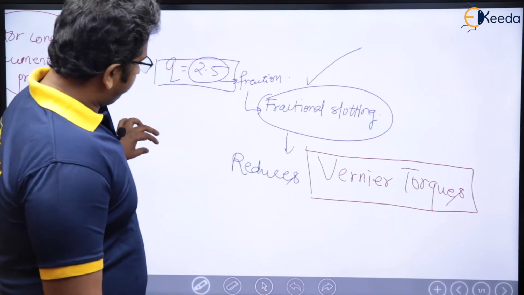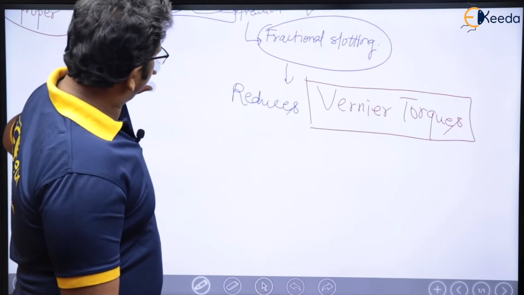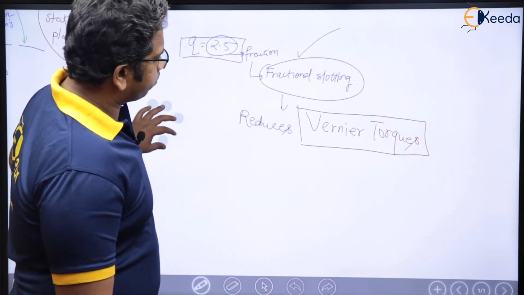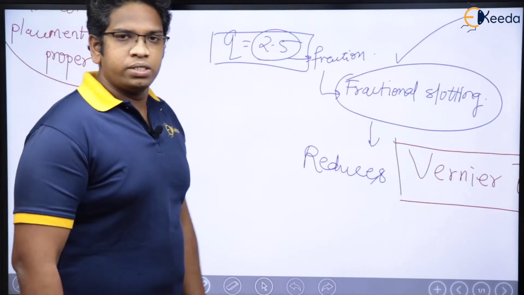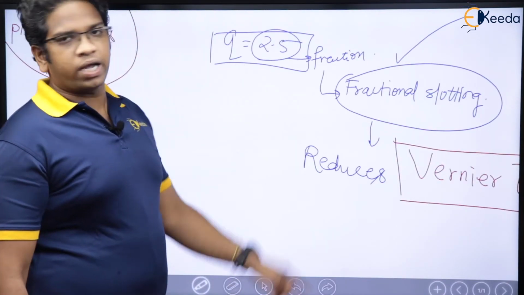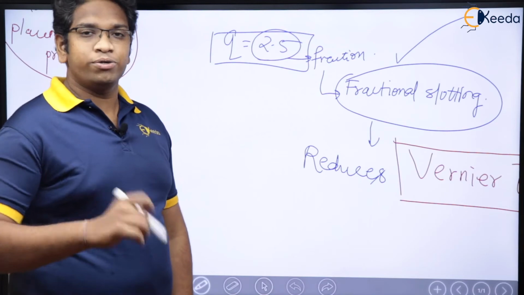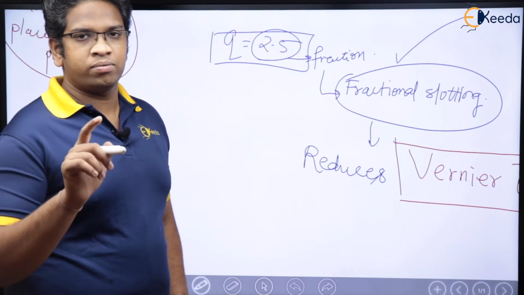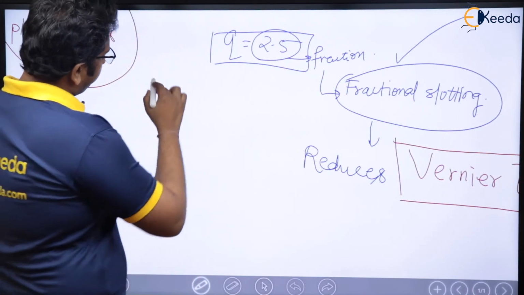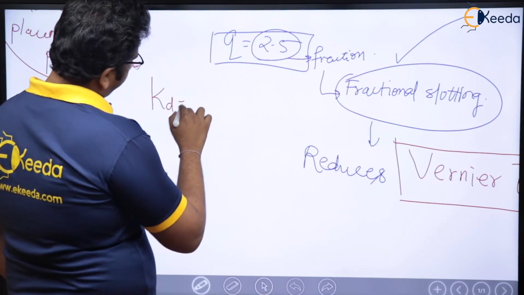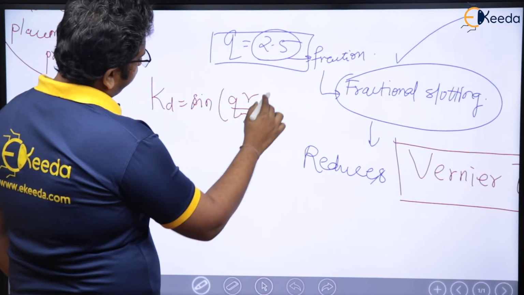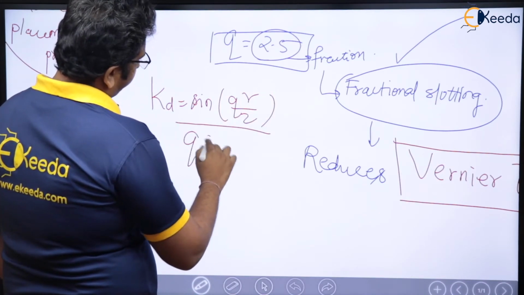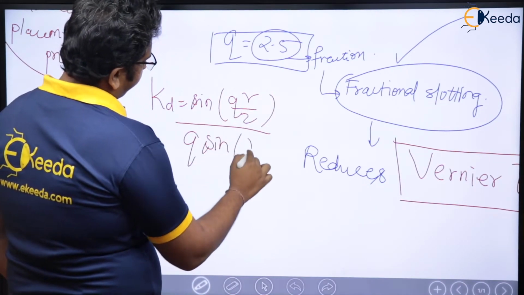Anyways, when we talk about Vernier torques, just don't think about that much because that is out of our scope. But see here, when Q is a fraction, how do I use that in my formula for KD? Formula for KD is sine Q gamma by 2 upon Q sine gamma by 2.